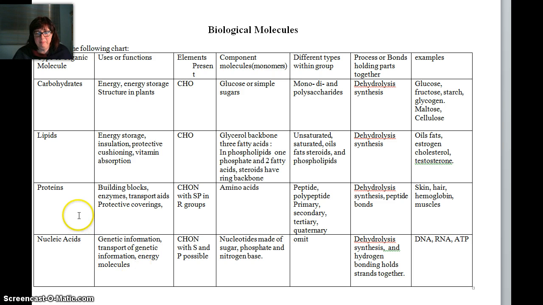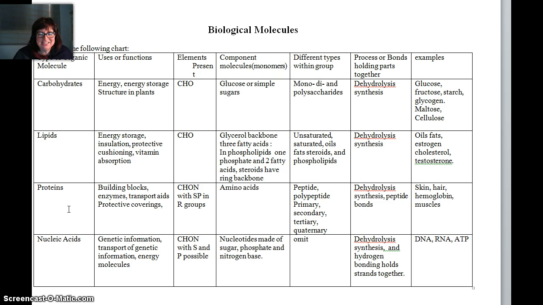Then when you look at proteins, proteins are the building blocks. They are such things as hair and skin. You also have enzymes. They're also used for transport, such as hemoglobin, and protective coverings such as hair and skin. The building block of a protein is the amino acid. That's a repeating unit.